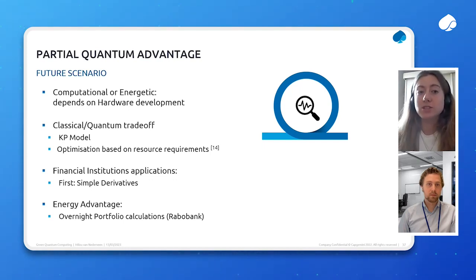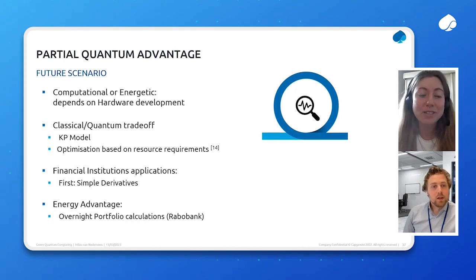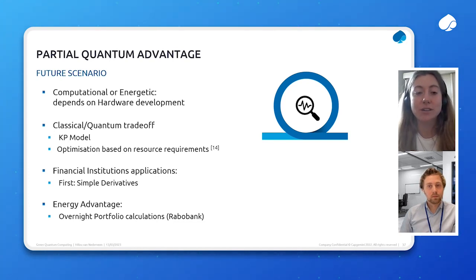The partial quantum advantage can start off with being either computational or energetic, and this really depends on the hardware development and the investments and improvements that are acquired in the first phase. So for both, we expect to be able to use a trade-off between the classical and quantum algorithms based on the KP model. And we can also optimize this trade-off to reduce the resources.